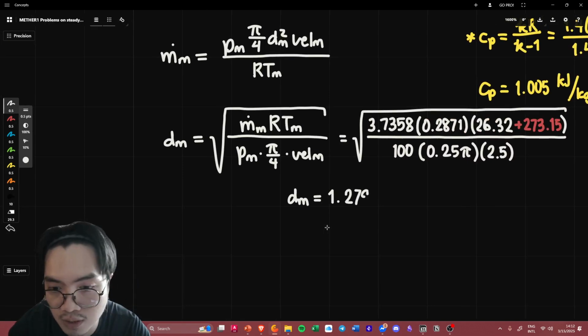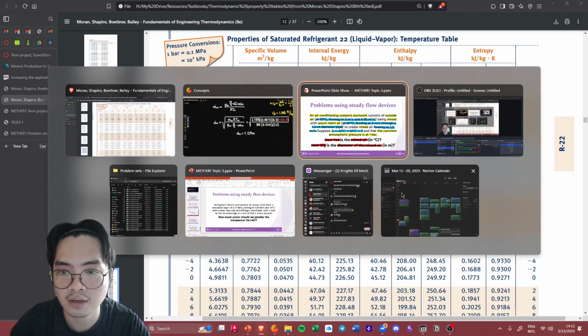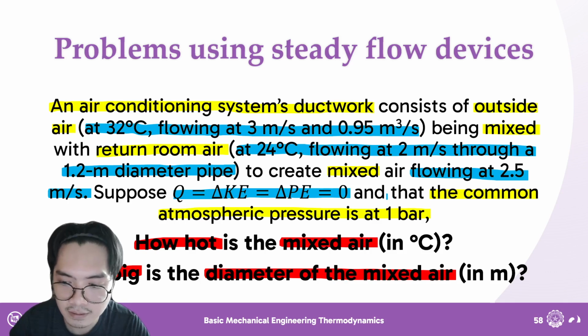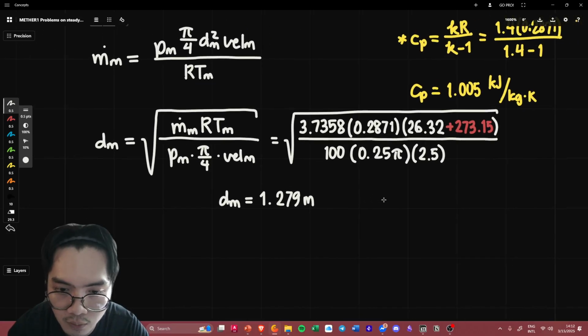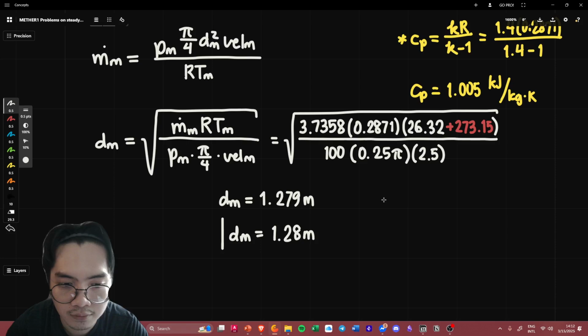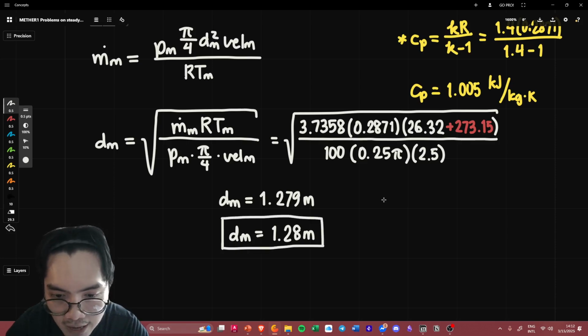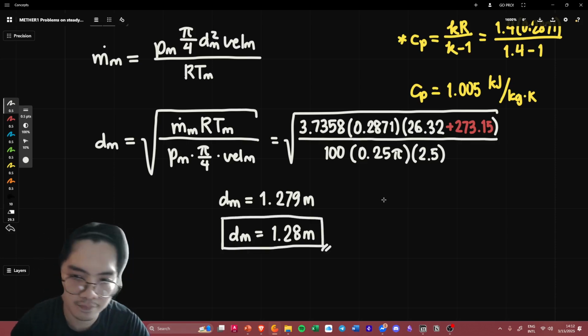So 1.279 meters. What is being asked is in meters, so this is good enough. Or actually, if you want, you can also get this down to 1.28. Should be good. There you go. That is your value for DM.